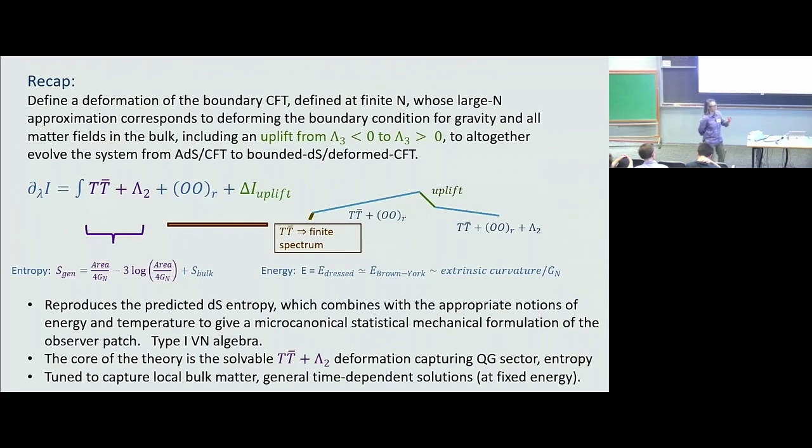This is a finite C theory that we are constructing. I spent some time in the talk reviewing Tom and company's beautiful work in the large C limit, which is telling us the thing we need to match, the kind of double trace operators we need to add at every step. But then we're working at finite C.